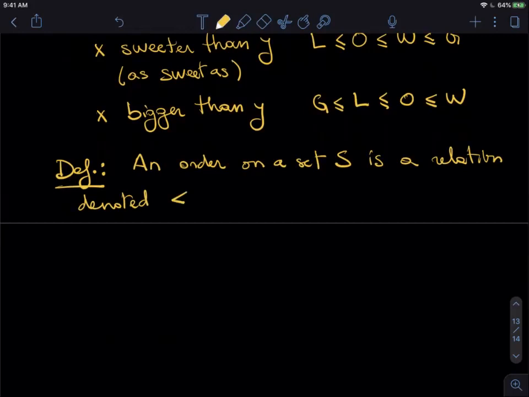Even though we have used this in a very specific context, this is a more general context. And this relation must satisfy two properties.